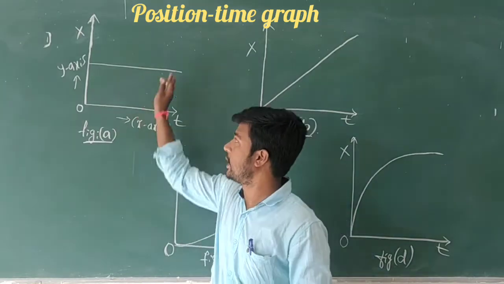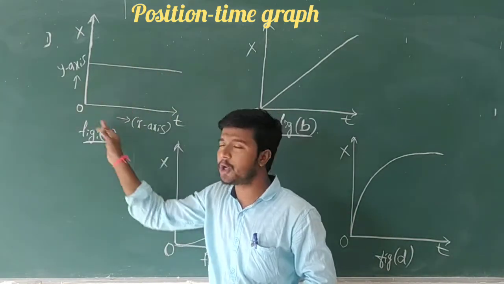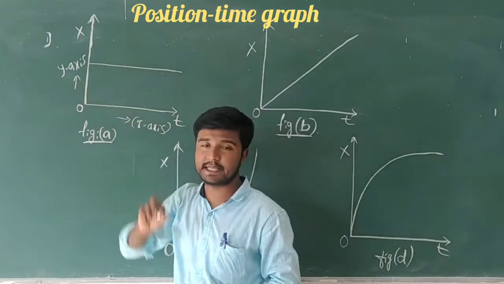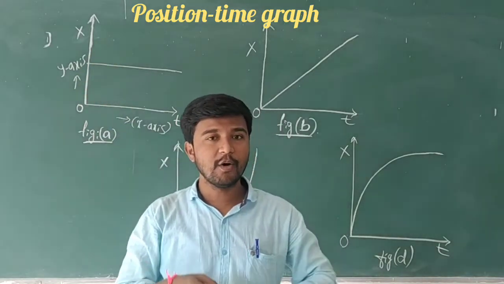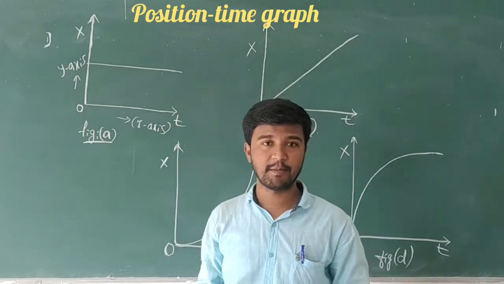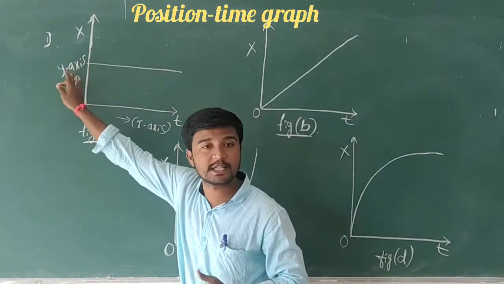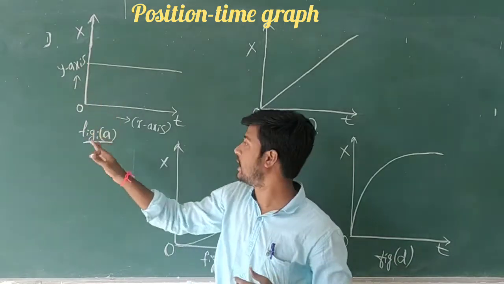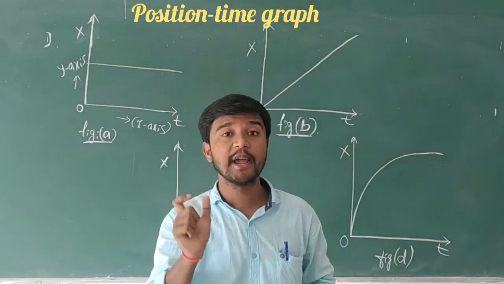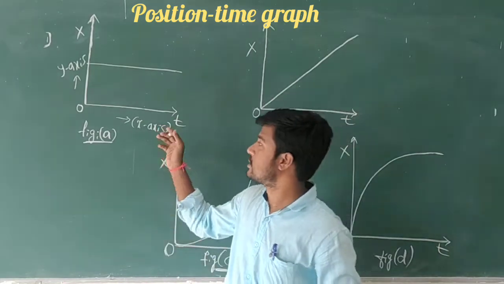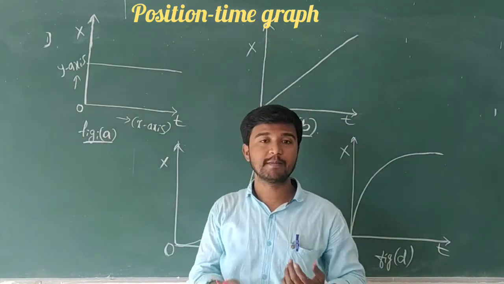So in this figure, what do you observe? The position at rest. In this position versus time graph, the y axis tells about the position, and the x axis tells about the instant of time interval. So first is for an object at rest.